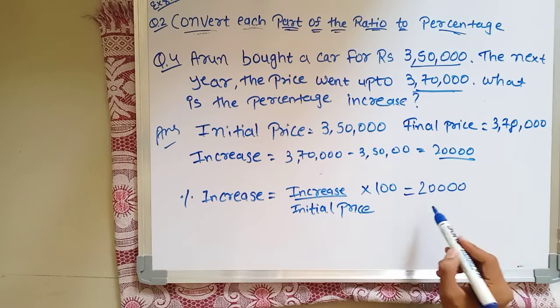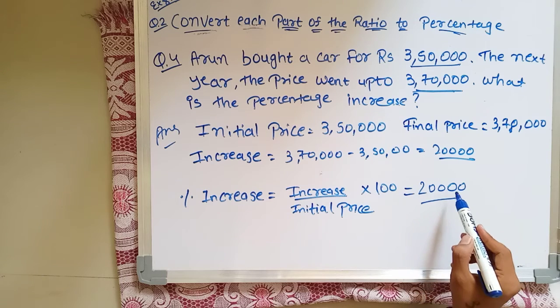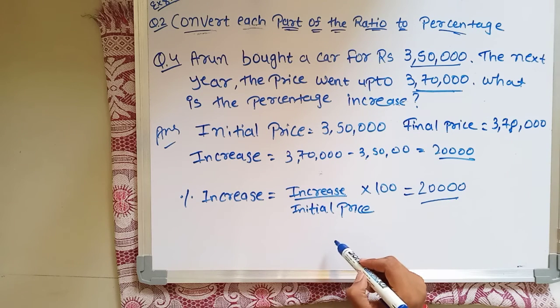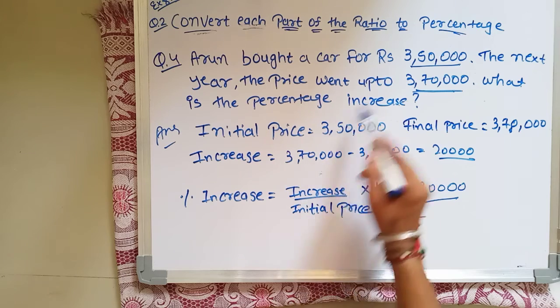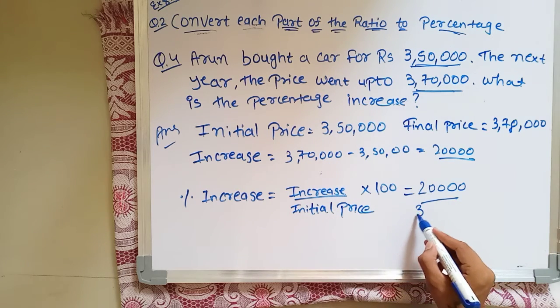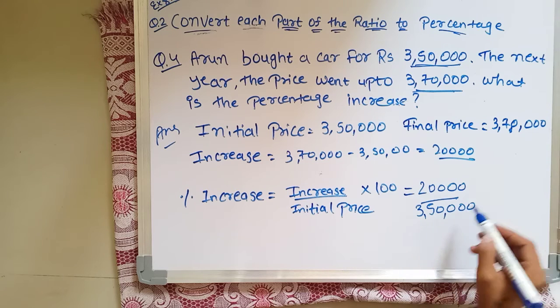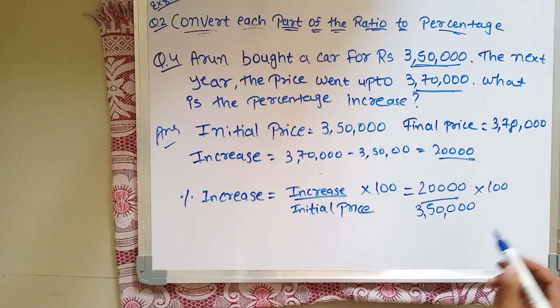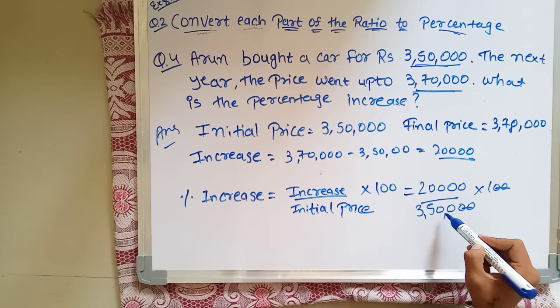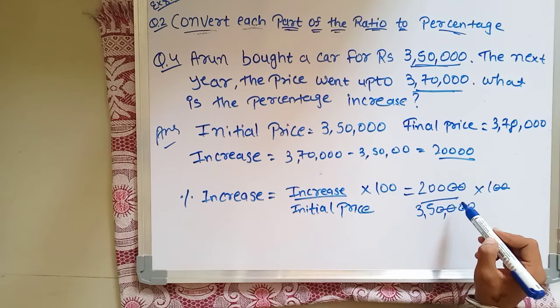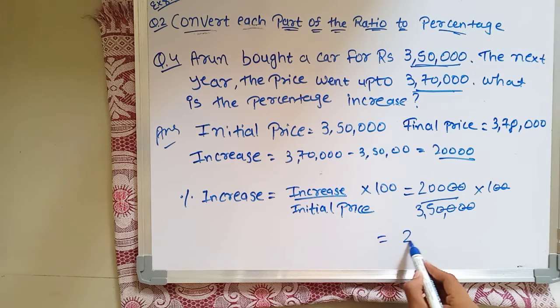Sorry, what is the initial price? Initial price is 3,50,000, into 100. So this 0 gets cut, this 0 also gets cut. So what? 200 divided by 35.